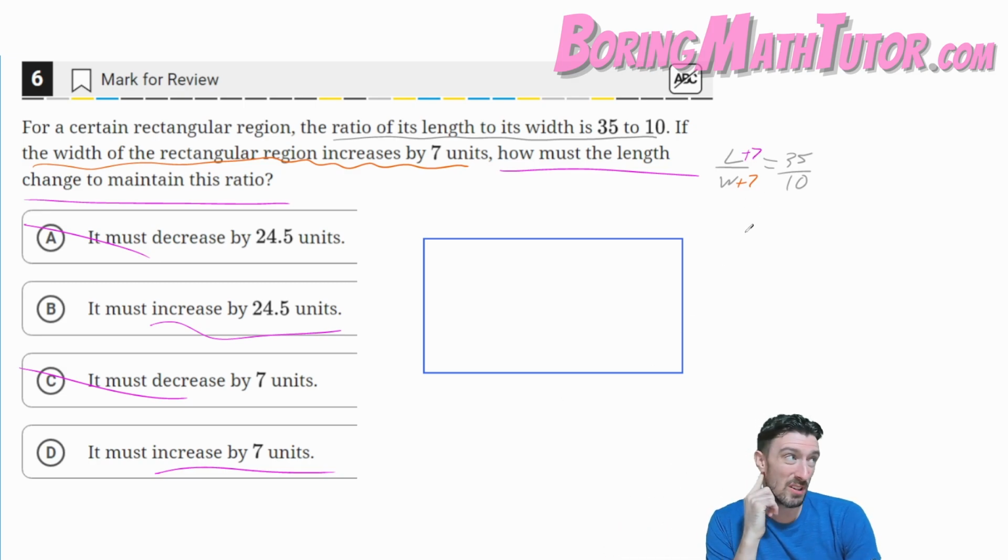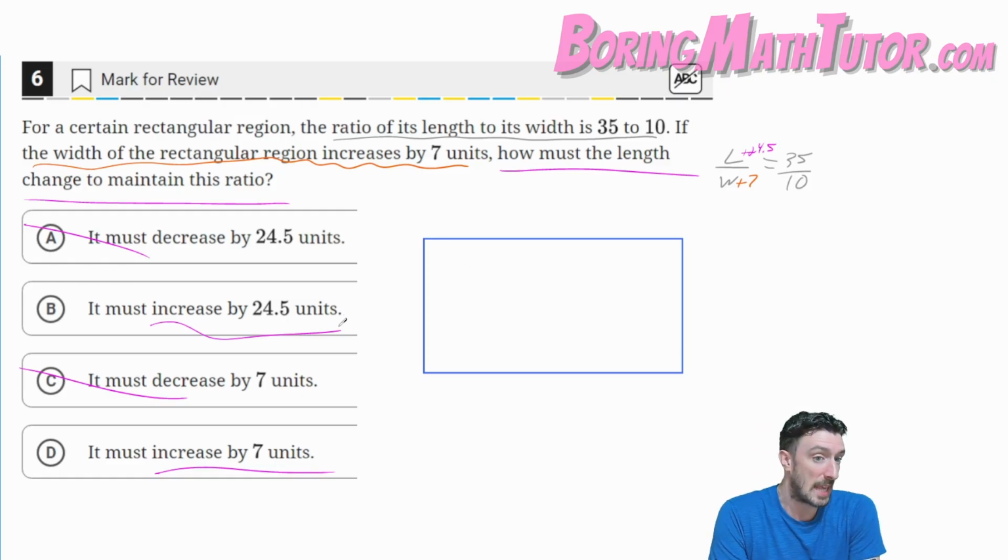Well, if I just put 7, would that keep the same ratio? I don't think so. That would kind of change it. So instead, I guess it's going to have to be the only other number they gave me. So it's going to have to increase by 24.5.